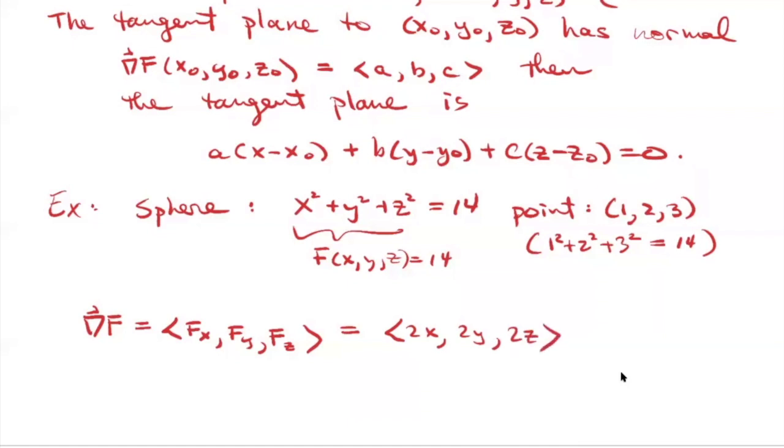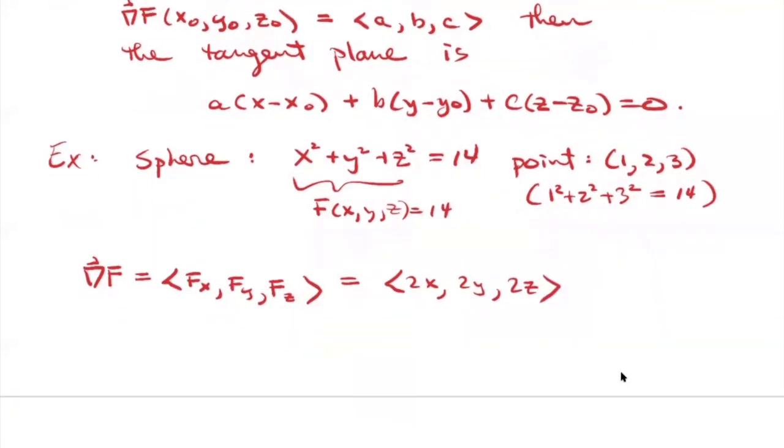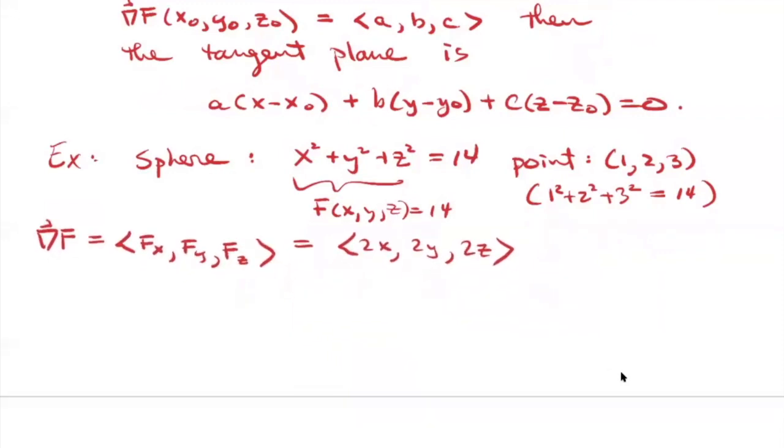Any questions? And then, of course, the gradient of big F at the point of tangency, which is 1, 2, 3, is just 2x, 2y, 2z, so this will be 2, 4, 6. And this is your normal vector.